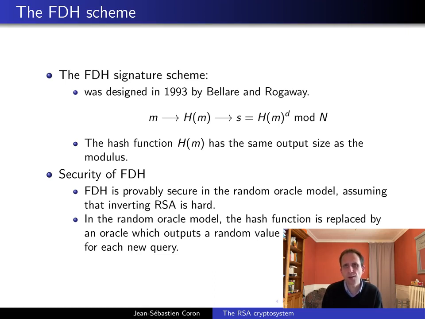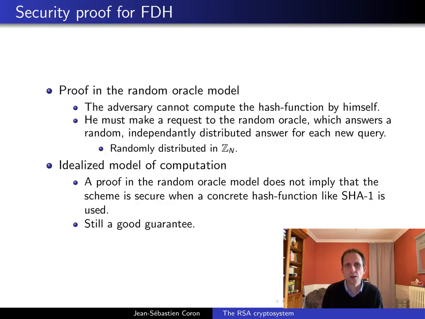In the random oracle model, we view the hash function as a random oracle, and this random oracle is going to output a random value for each new query. So what does it mean? A proof in the random oracle model means that the adversary is not autonomous with respect to the hash function. He cannot compute the hash function by himself.